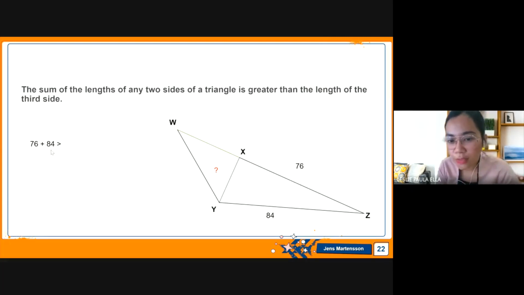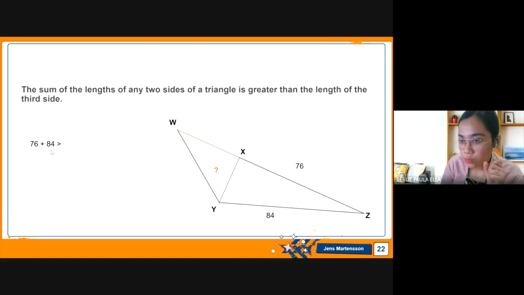Anyone who would like to help John Gabriel? How about Sophia Loris? What do you think is the value of XY? Anyone would like to answer? Or anyone would like to guess?